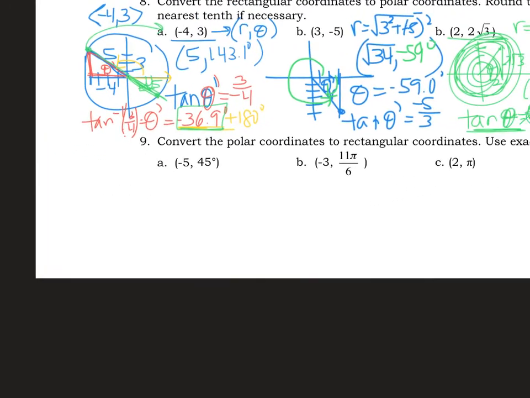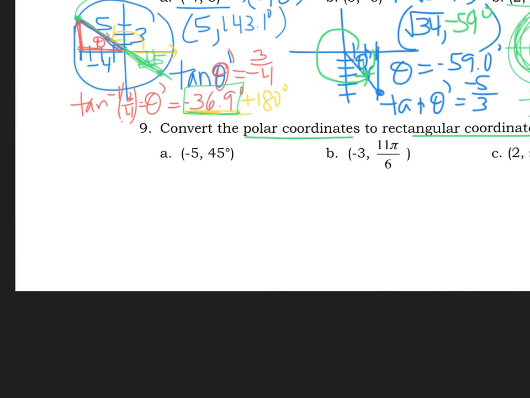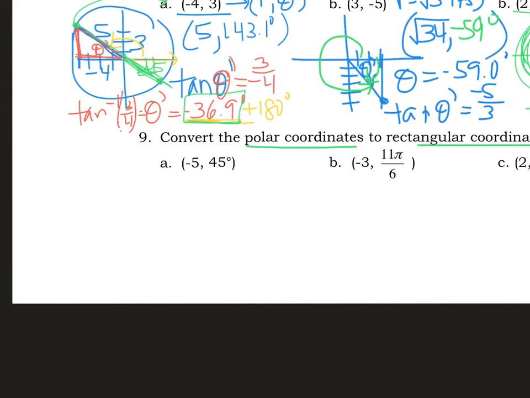Okay, now we're going the other way. This is a polar coordinate. We need to find the rectangular coordinate. Here we go. So this is starting as r and theta, but we need to get this to x and y. And you don't have to draw a picture of these. If you know that x is r sine theta and y is, nope.